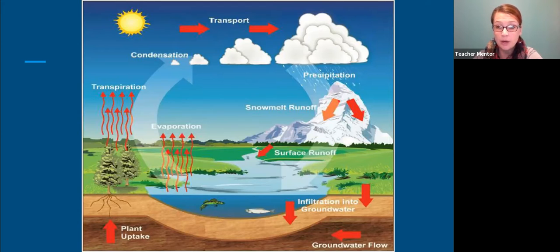Again, in drier climates, when they don't receive a lot of precipitation, that snow buildup and snow runoff serves as a lot of their moisture for the summer months. Okay, and so then we have the surface runoff into the body of water, and then the infiltration into the groundwater, which is stored and then used as needed.